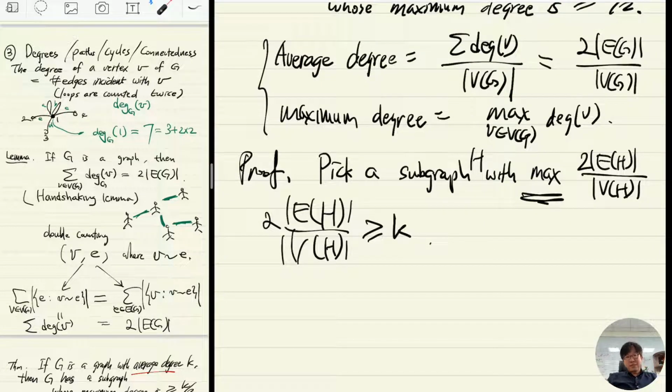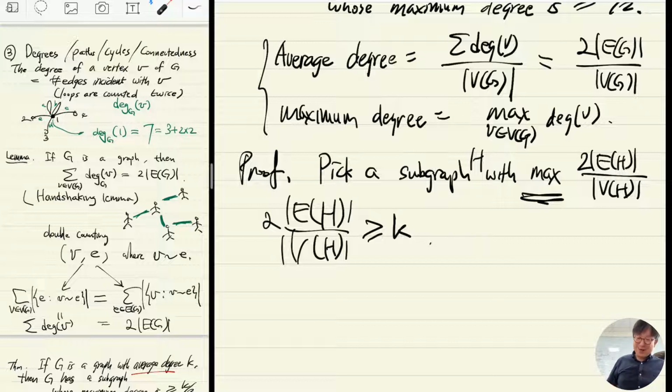And such a thing exists because given G, you only have finitely many subgraphs up to isomorphism. So among all subgraphs, you can choose the one with the maximum something. There are only finitely many different values, and one of them is maximum.